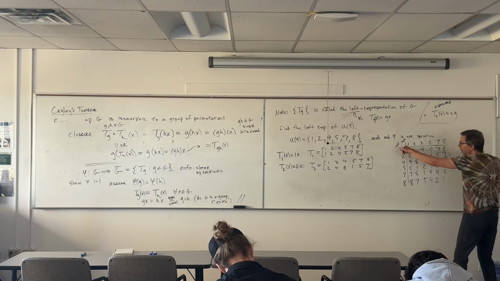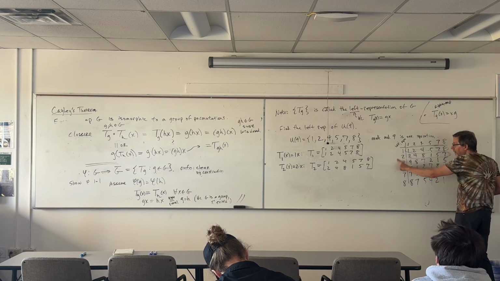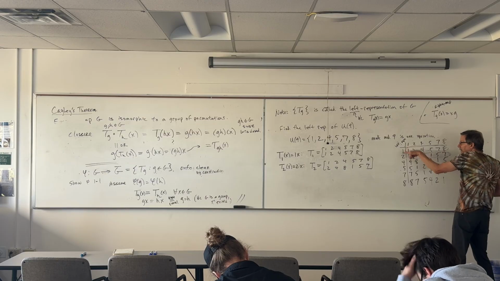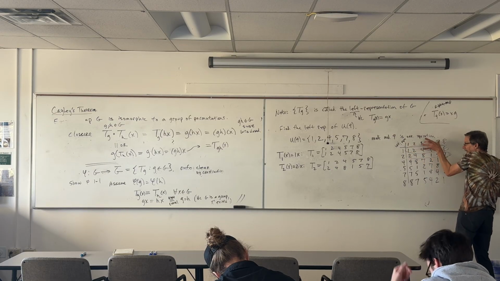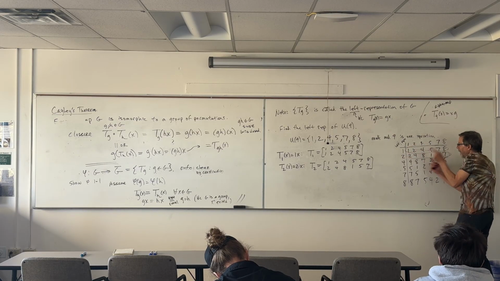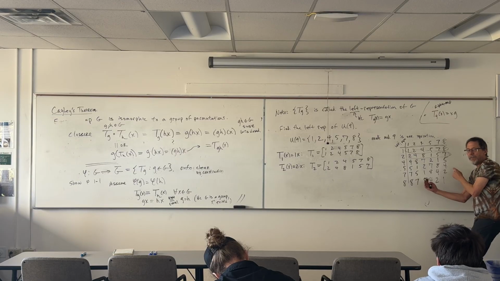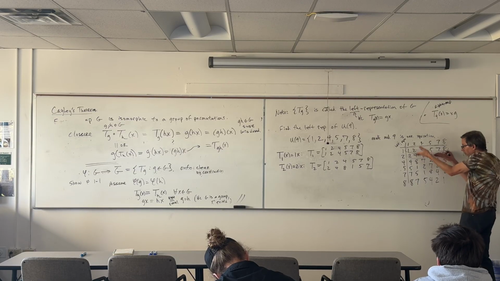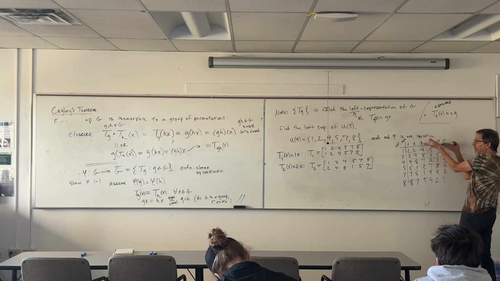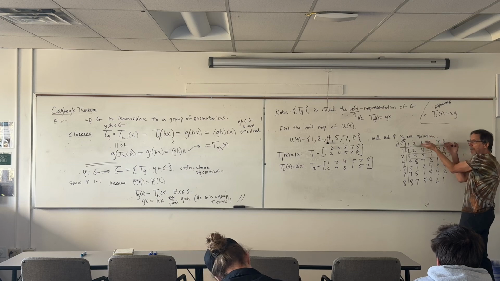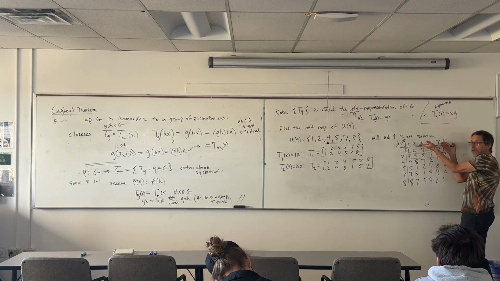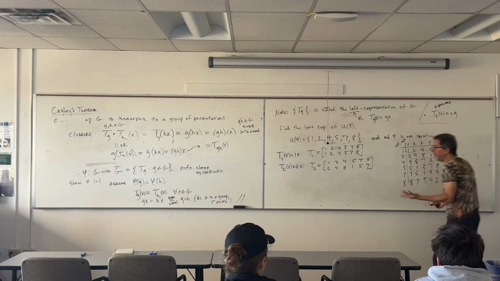When you multiply through the original elements of the group by one of these guys, it twists them all around. It permutes them. So each one of these rows is simply a permutation of this top row. Can you see that?